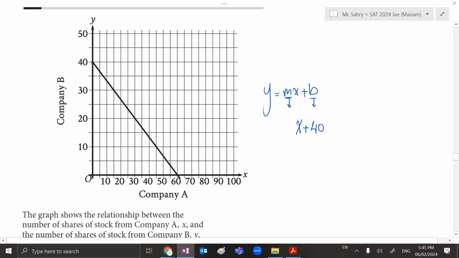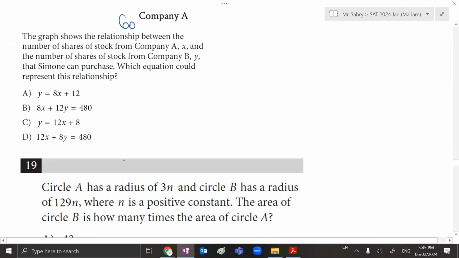Yes, but it's easy to figure out from these: this is the rise and this is the run. So it's 40 to 60 over 60. Okay. Which is 2 over 3, by the way. Simplified, yeah. Now you know that the slope is 2 over 3 and the y-intercept is 40. Look at the choices. Which one has a y-intercept of 40?